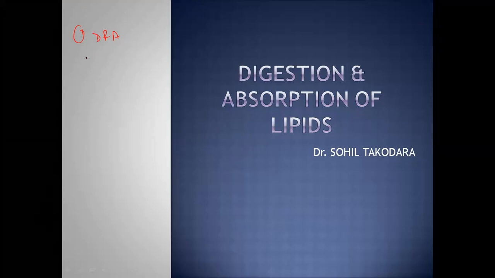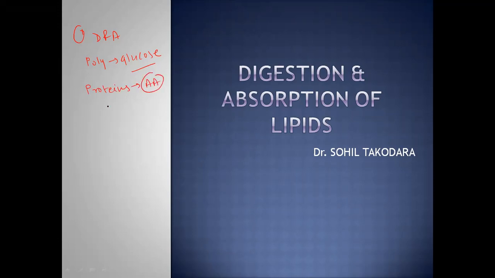So suppose in carbohydrate metabolism, polysaccharides ultimately were getting converted to glucose and then glucose was getting absorbed. Similarly, in proteins, first protein has to be converted into amino acids and then they go under the process of metabolism. So that is the first process.